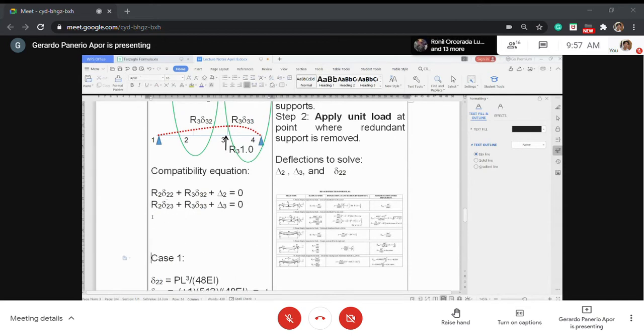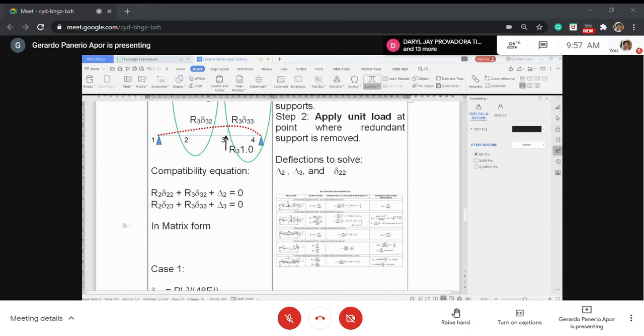Now, you can convert this into matrix form if you know how to manipulate the matrix. I'm sure you know because of the matrix form. Insert equation. Okay, matrix.